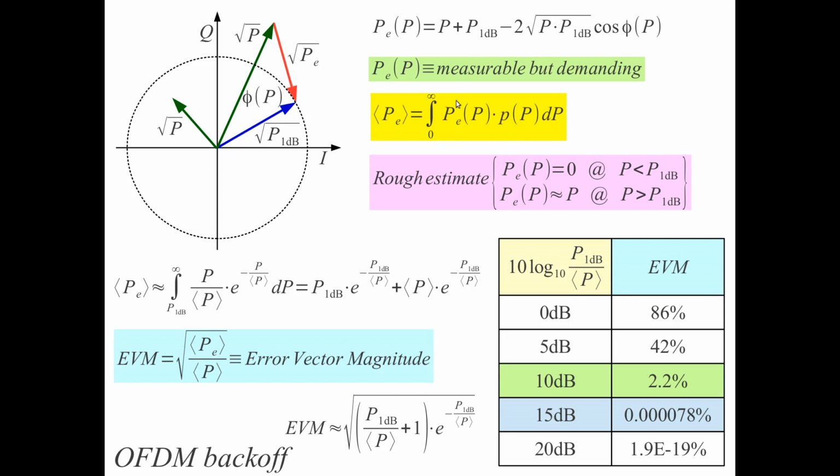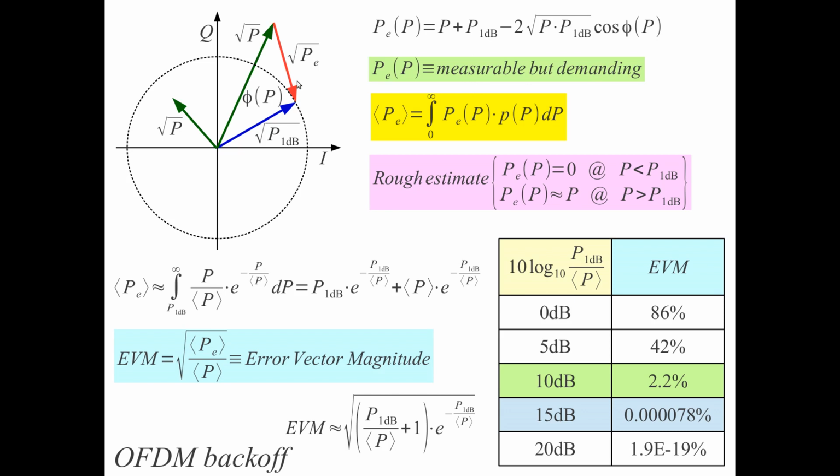So it is the probability density that we require such power, times the error power we obtain at this power, and from that we calculate the actual power. This is very difficult to do, because we don't know what the error power is going to be.